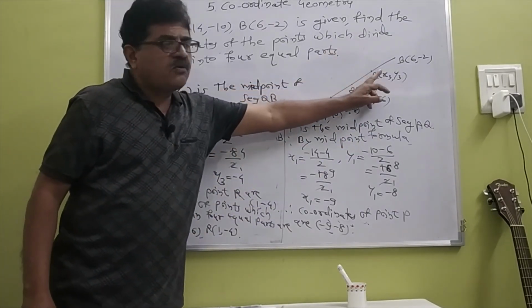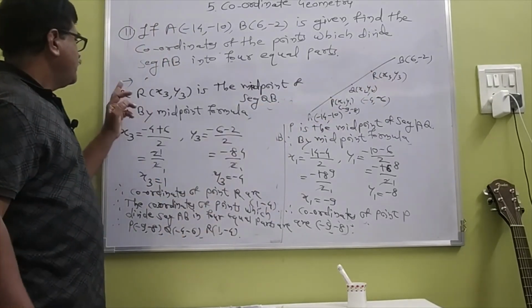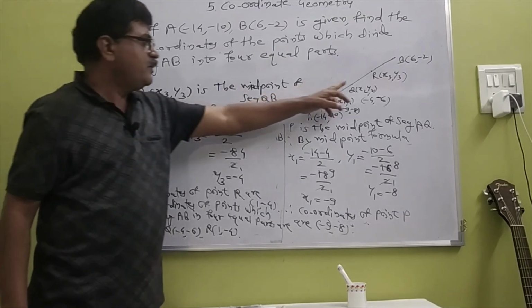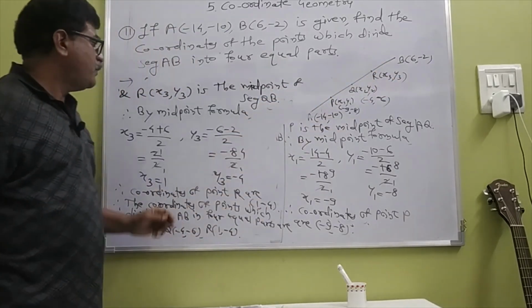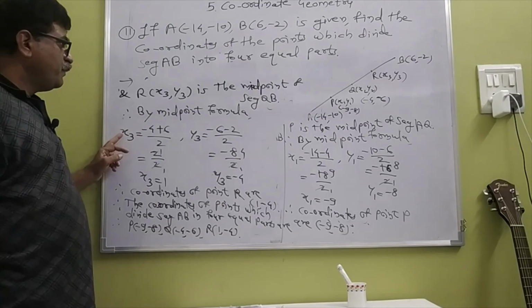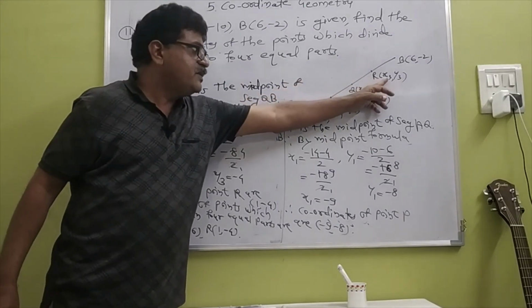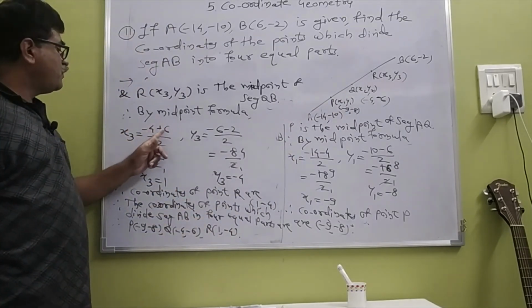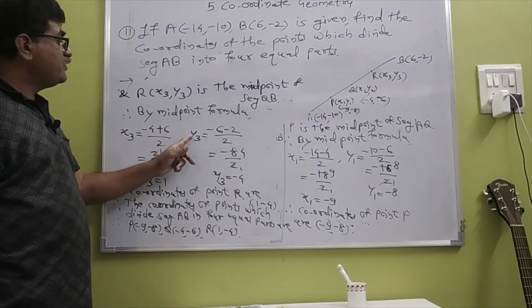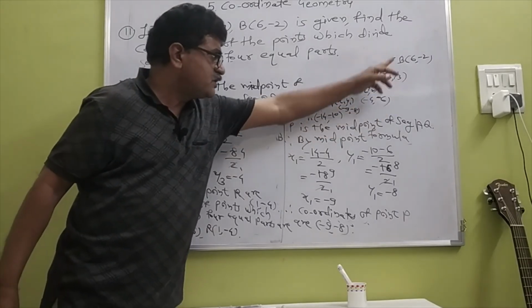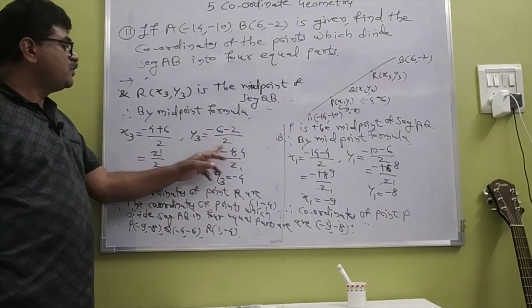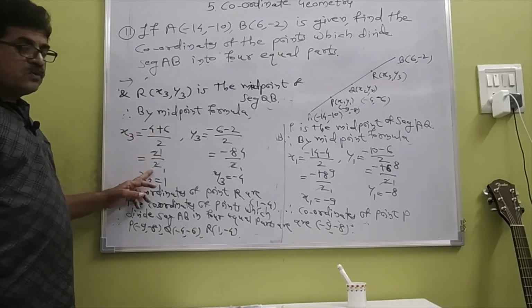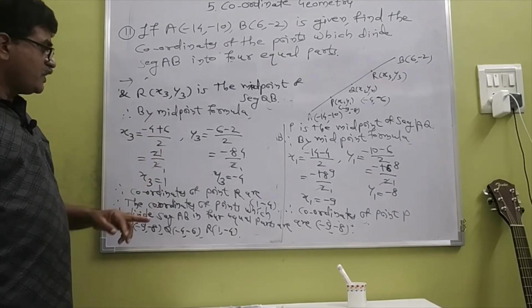Now we have to find the coordinates of point R, and R of x3, y3 is the midpoint of segment QB. Therefore, by the midpoint formula, x3 is equal to (minus 4 plus 6) divided by 2, y3 is equal to (minus 6 minus 2) divided by 2. Minus 4 plus 6, 2 upon 2, that is 1, x3 is 1.